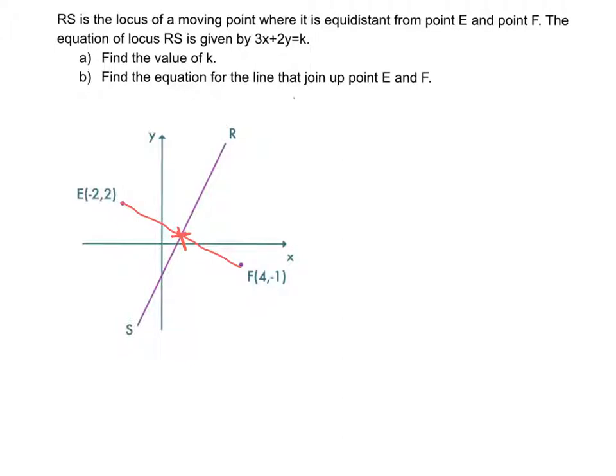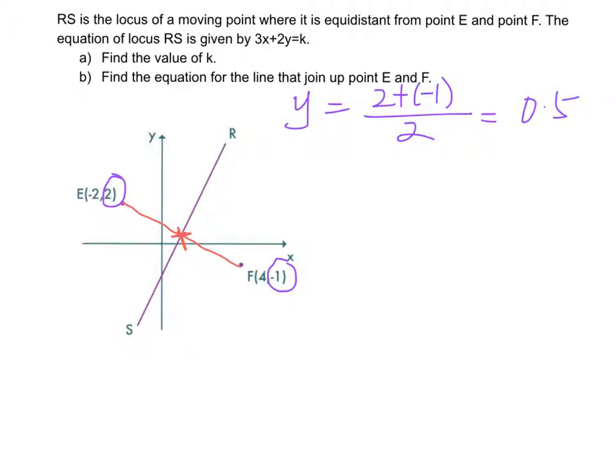So for example, to find the y coordinate of the midpoint, what we do is add up the y coordinates, 2 plus -1, and then divide by 2. 2 minus 1 is 1. Divided by 2 is 0.5. Now the x coordinate of the midpoint is also the same.